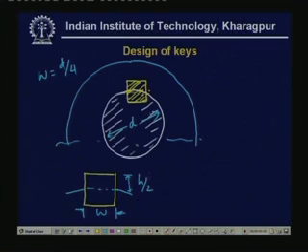Then what are the forces? Suppose we want to transmit torque here. Therefore, when we apply a torque, a force is experienced. So, there will be a force over here and another force on the key.